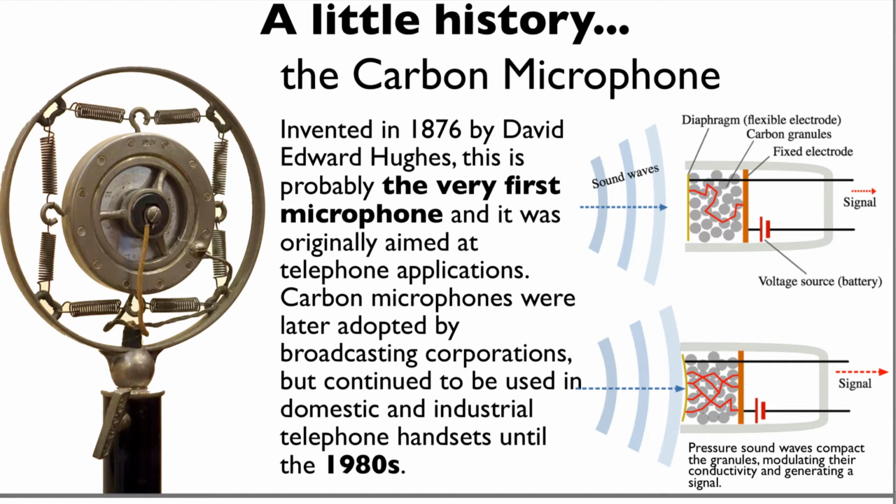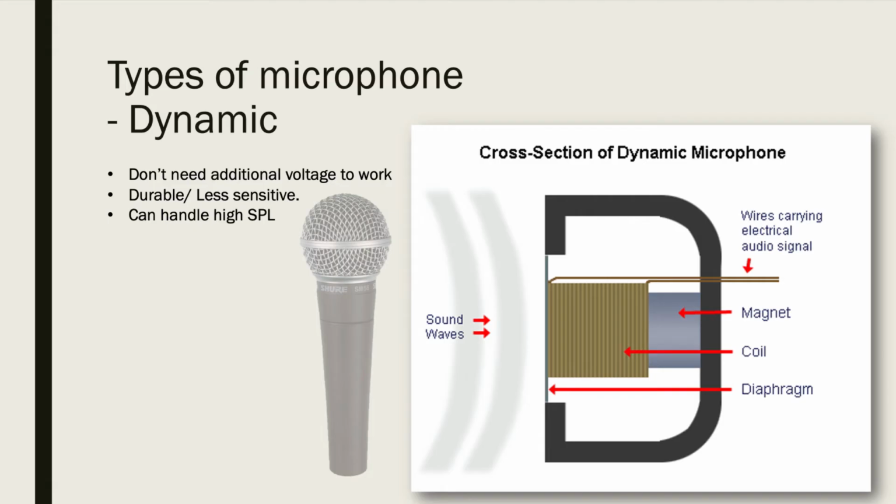We've moved on to three main types of microphone technology, the first of which is a dynamic microphone. This example here is a Shure SM58. A few characteristics of a dynamic microphone: it doesn't need any additional voltage or any really advanced technology to get it to work.